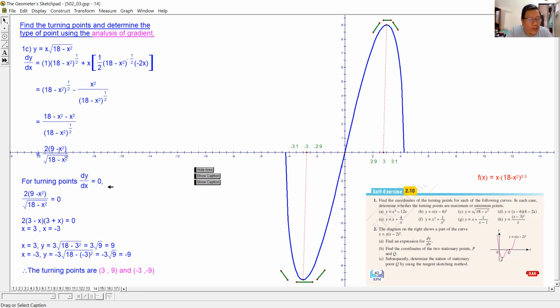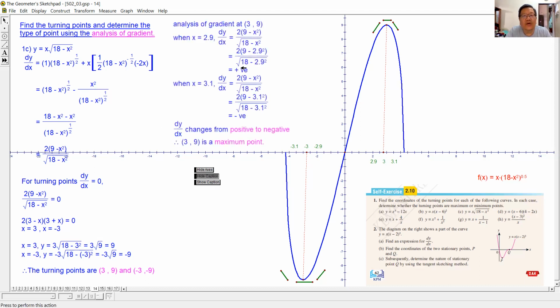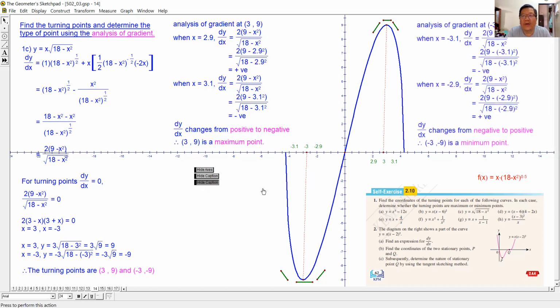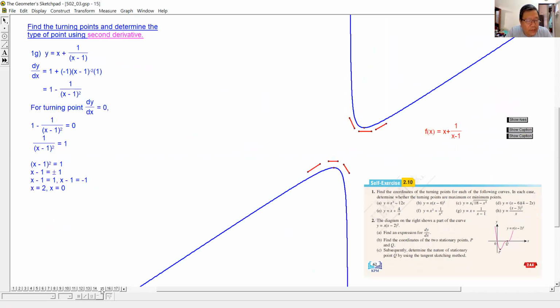First of all, we find the turning point first. Then after that, I'm going to show you how to decide what type of turning point. I'm also going to show you how to use the second derivative.